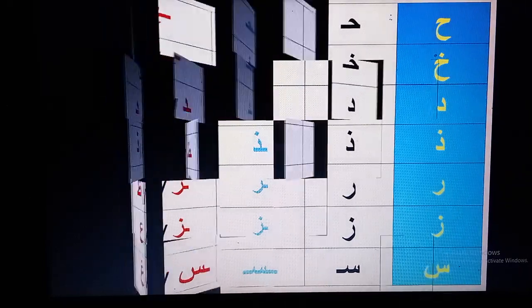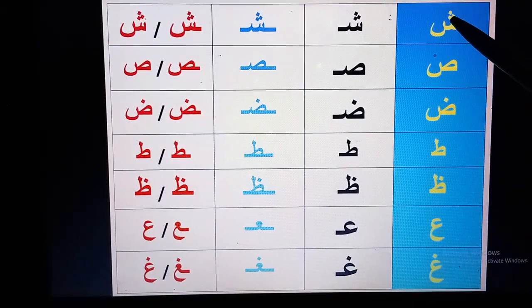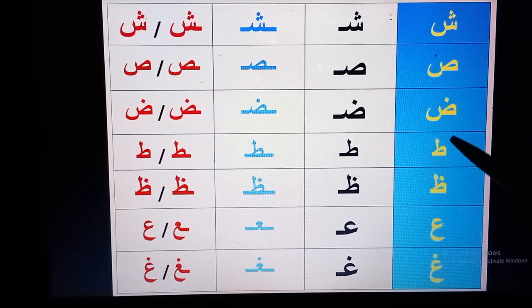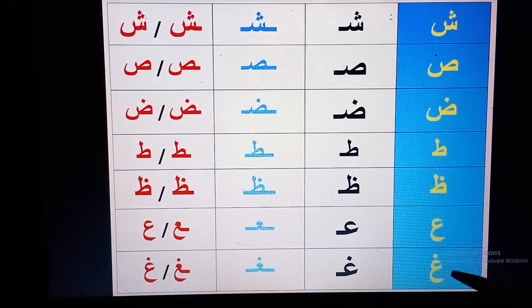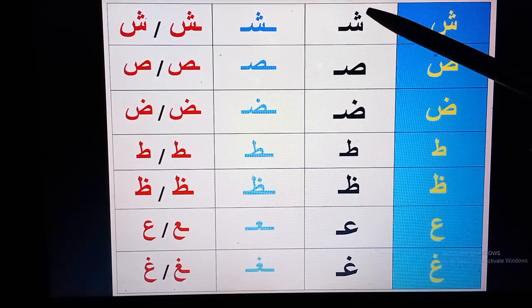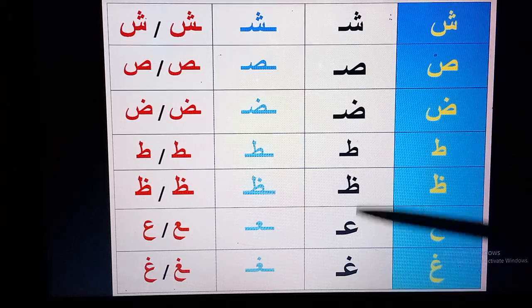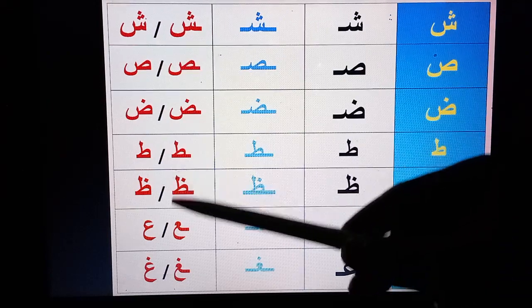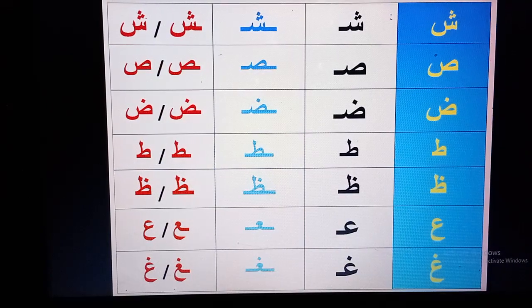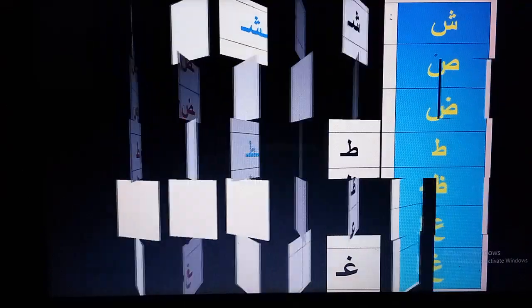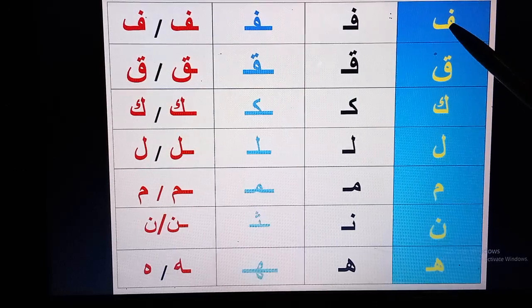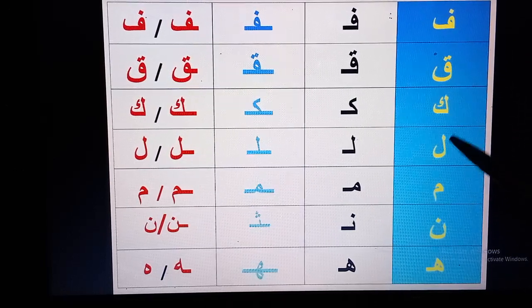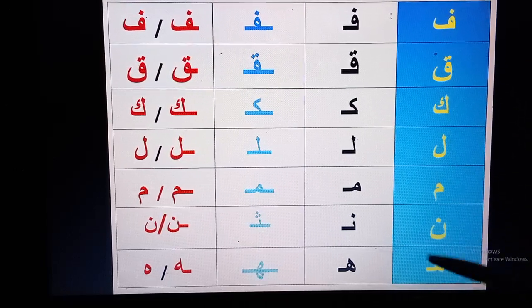Shin, Sad, Dad, Ta, Za, Ain, Ghain. Same thing: when they are at the beginning of a word, each one gets this shape. In the middle, each one gets this shape. At the end of a word, each one gets this shape. Then Fa, Qaf, Kaf, Lam, Mim, Nun, Ha.